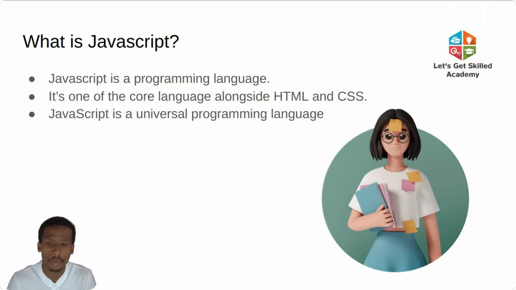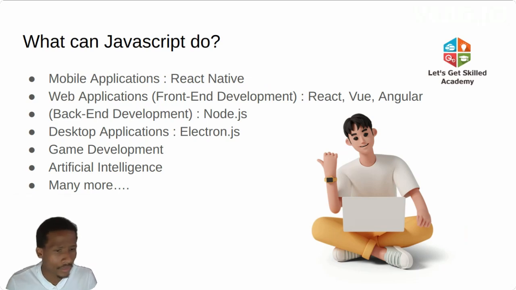There was a study done in 2023 that claimed that 98% of the web pages are currently running and powered by JavaScript, which is massive. So what can JavaScript do?